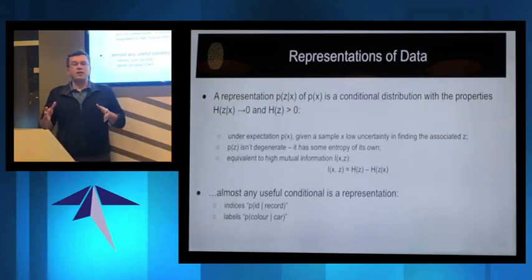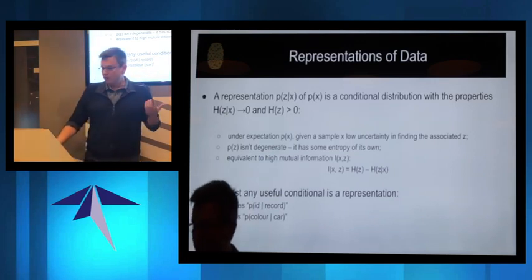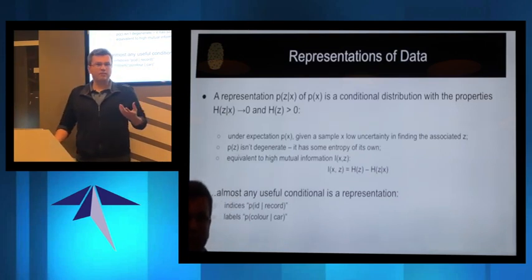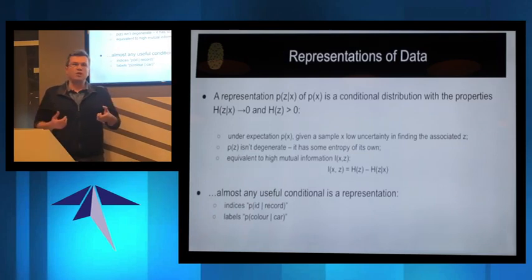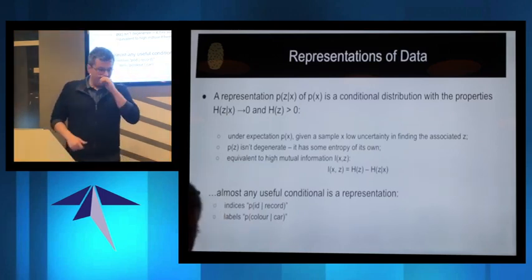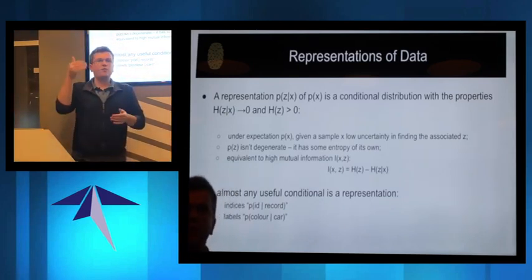A representation of data is something that takes the original data, let's say the MNIST images, and builds a scheme of encoding it in such a way that the conditional entropy goes to 0 and the entropy of the representation is non-zero, essentially, because we're interested in maximizing something called mutual information between the underlying distribution and the posterior distribution, or our latent labeling.